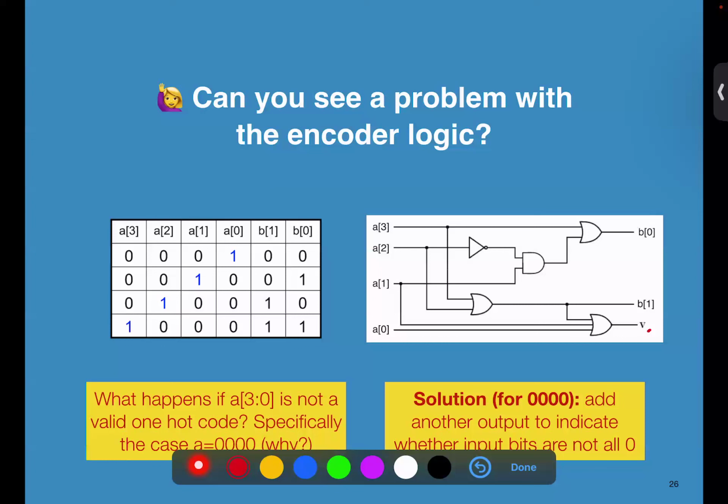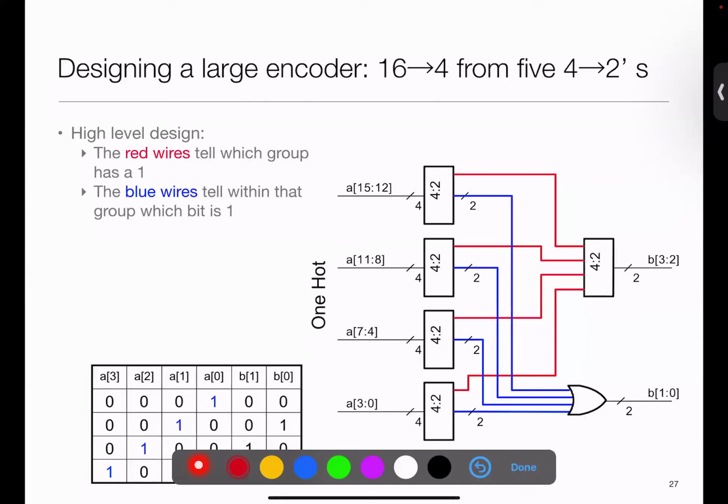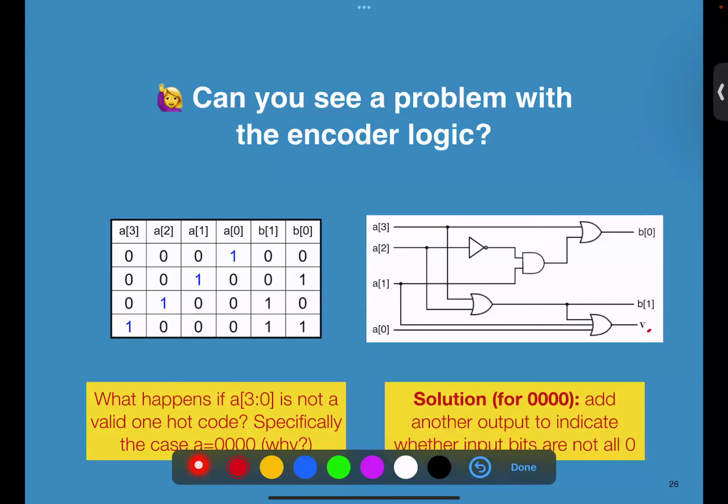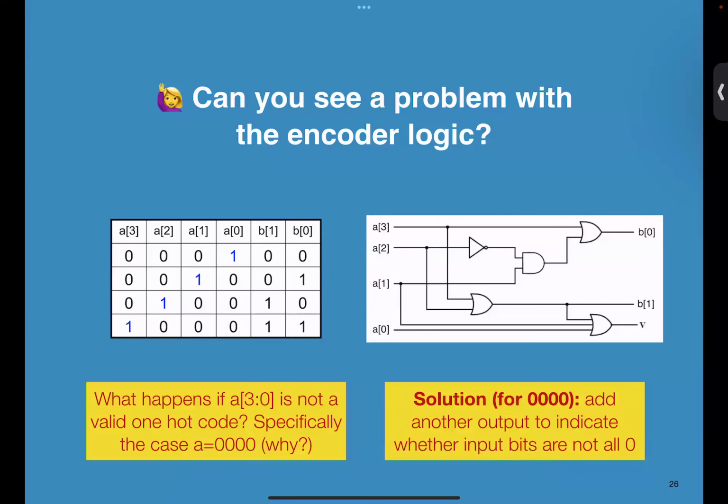We are going to add that, and it basically indicates whether all bits of input are 0 or not. In particular, I'm going to OR them together. So if all the 4 inputs A0 through A3 are 0, then V is 0. Otherwise, V is 1. And we'll see shortly a use for this. So just bear with me for now.